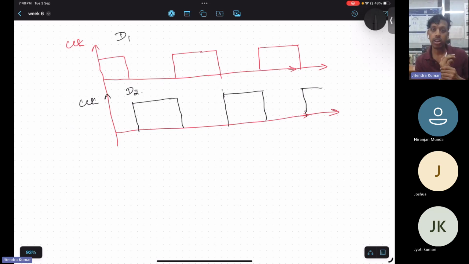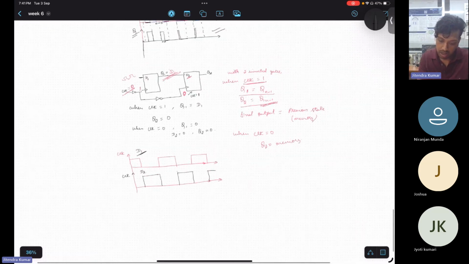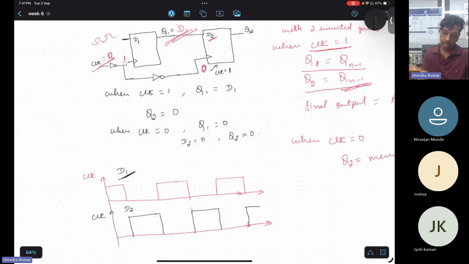Now, when D1 is positive and D2 is negative, what will happen? D1 is positive and the second clock is 0, which means this condition.